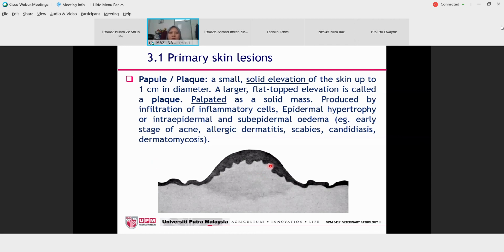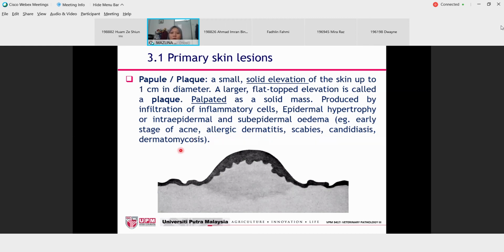So this can be due to infiltration of inflammatory cells, epidermal hypertrophy or intraepidermal or subepidermal edema. Early stage of acne, allergic dermatitis, or even scabies, candidiasis, and dermatomycosis.